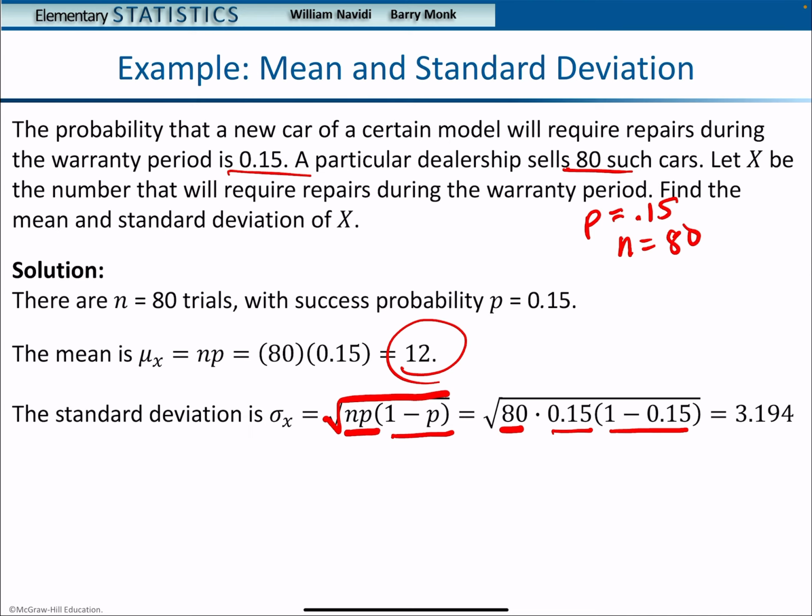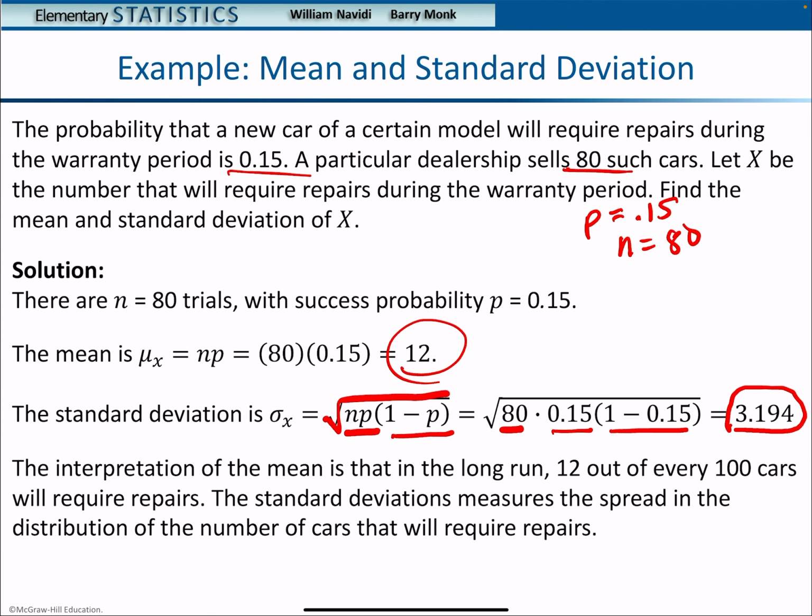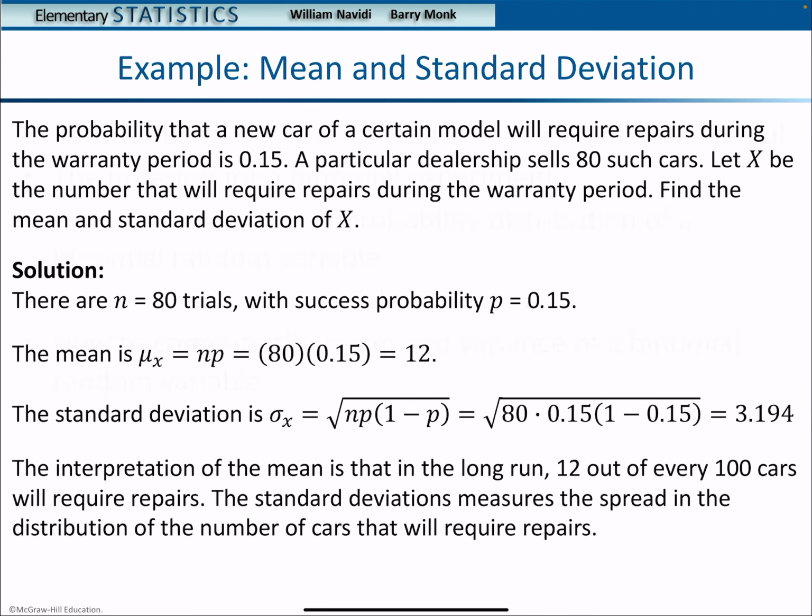And when you enter that in the calculator, you'll get 3.194. Okay, so what does that mean? That means in the long run, 12 out of every 100 cars will require repairs, okay? So the standard deviation measures the spread in the distribution of the number of cars that will require repairs.